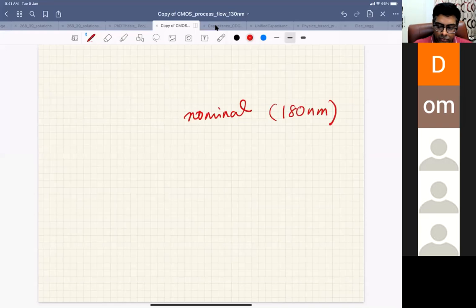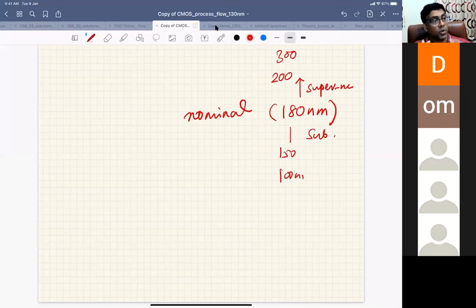But you also make subnominal and supernominal transistors. So let's say for supernominal transistors you go to 200 nanometer, 300 nanometer, and you also go to subnominal transistors, 150 nanometer, 100 nanometer in the same node, right?